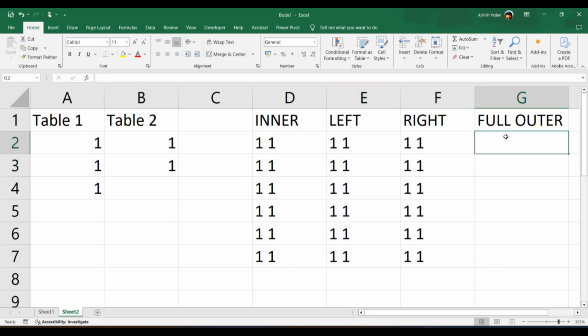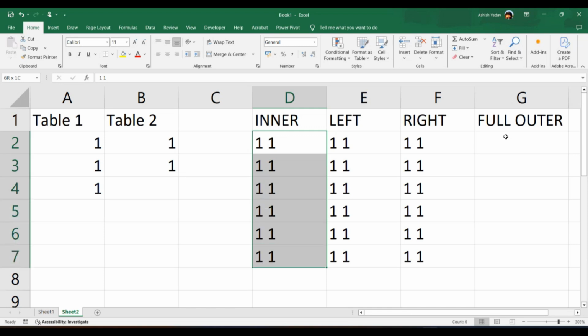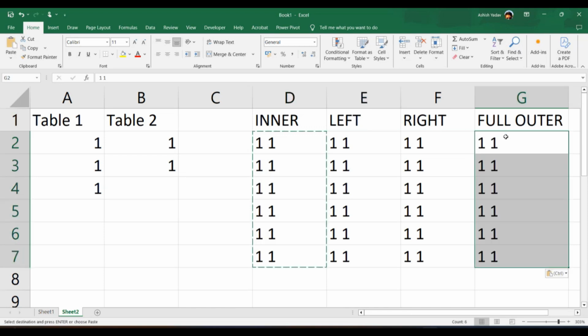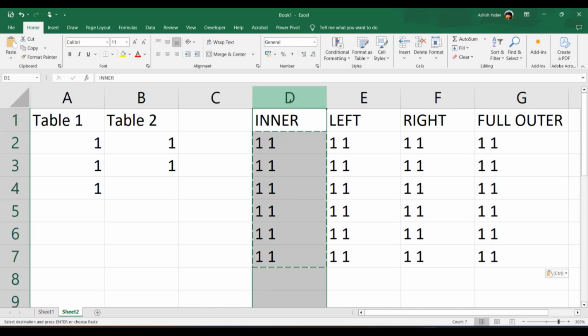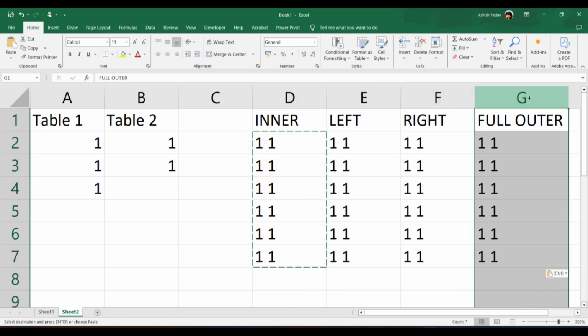What is full outer join? Full outer join says matching records from both the tables plus non-matching from the left table plus non-matching from the right table. So matching records from both the tables is again your inner join. So what we learn here is whatever is the inner join, all the other joins also will have the inner join by default, plus something else they can have.